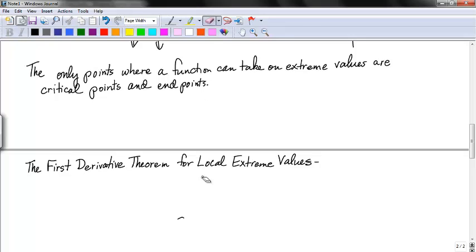First derivative theorem for local extreme values.